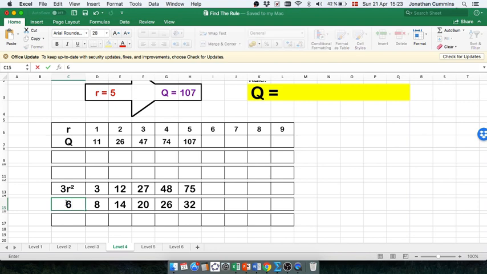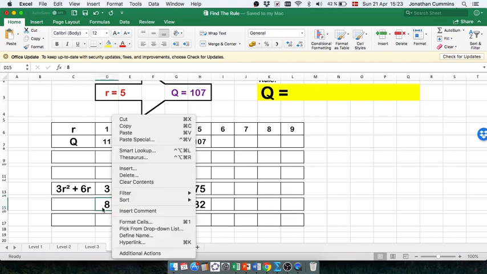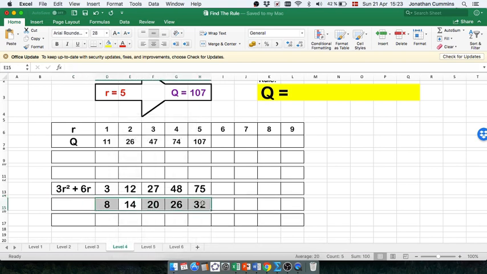So if the rule were 3r squared plus 6r, okay, so instead of 3, we'd have 3 plus 6 times 1, which would be 9.